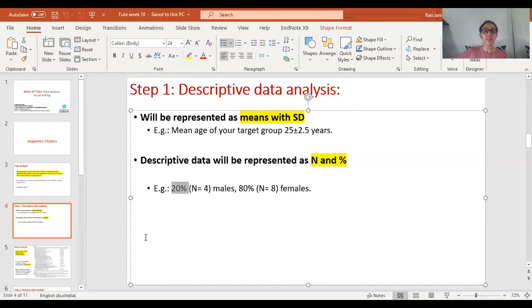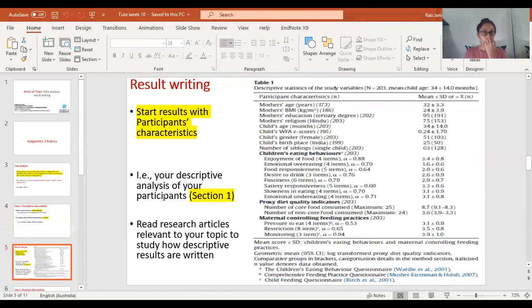Okay, so yes, this slide basically tells you table 1 of your manuscript will be descriptive data. Descriptive data is something which you gather from your section 1 of your questionnaire. Now this, guys, just shows you how your table 1 will look.